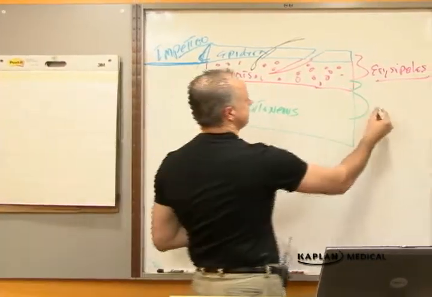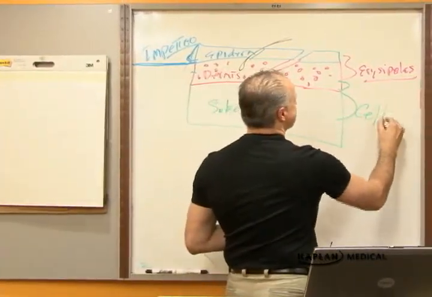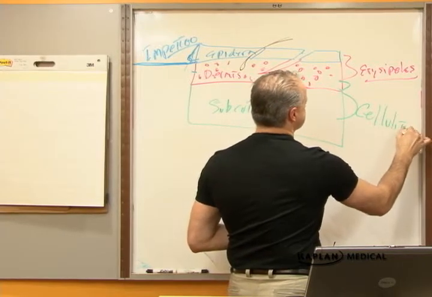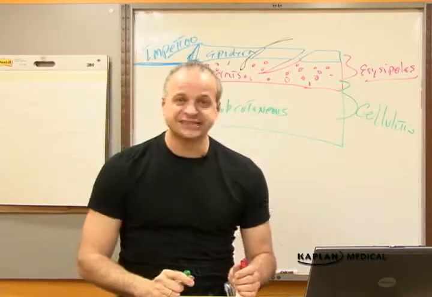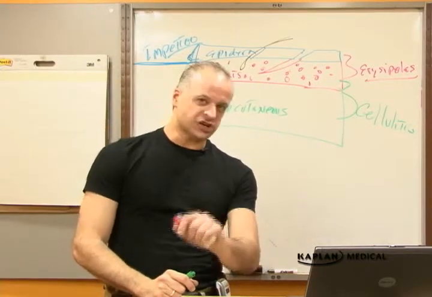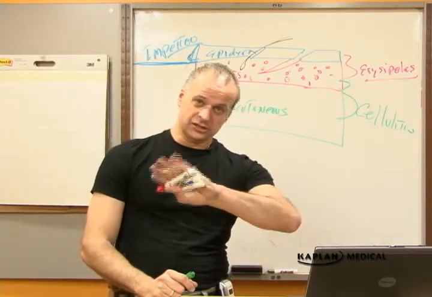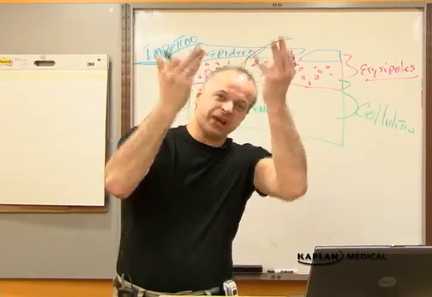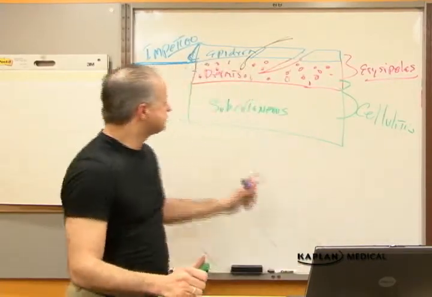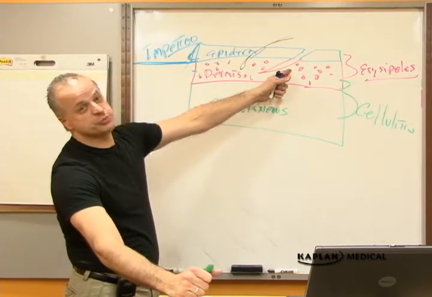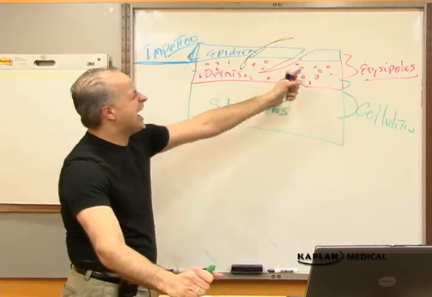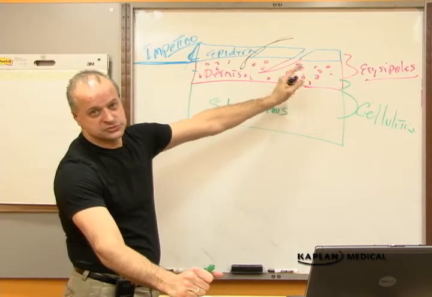That's the deepest. Because cellulitis is so deep underneath the skin, it can't weep and crust and ooze and drain. It's underneath the dermal epidermal junction. It doesn't get up there. Cellulitis is deep. Staph and strep. Erysipelas, a little more superficial. Bright, red, hot, warm. Strep.